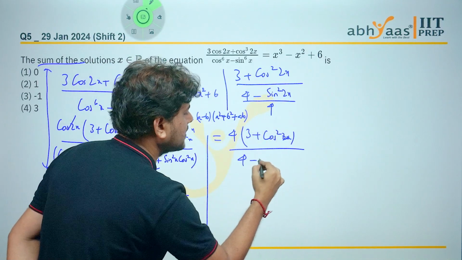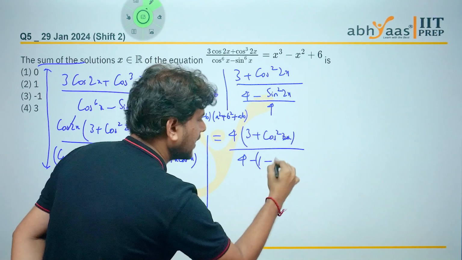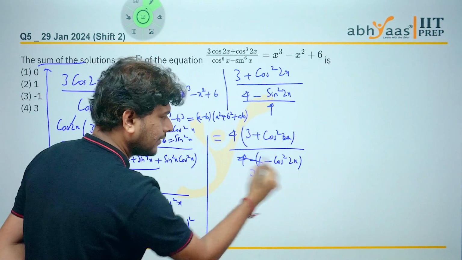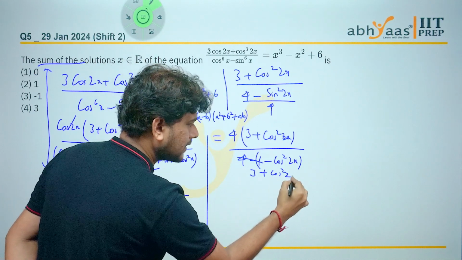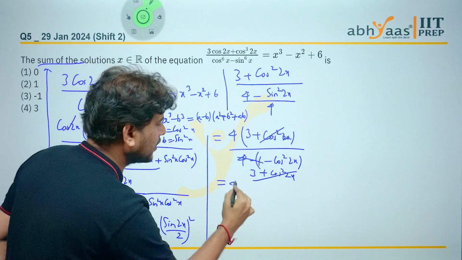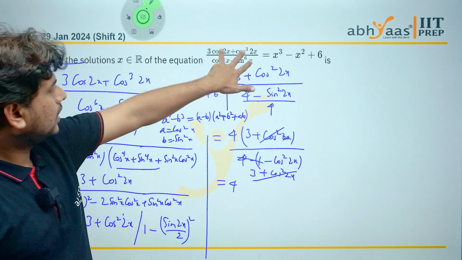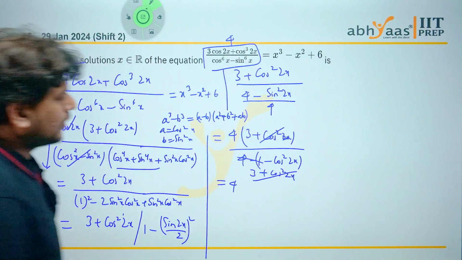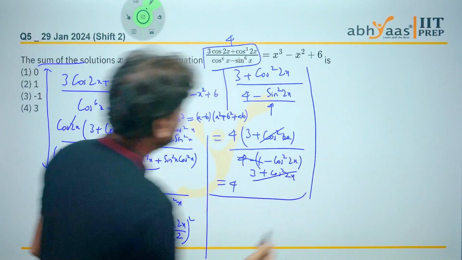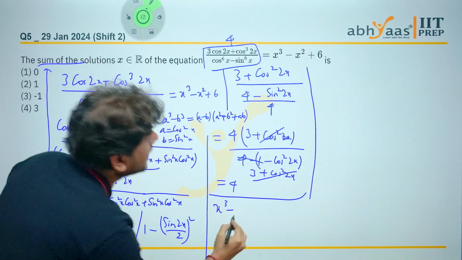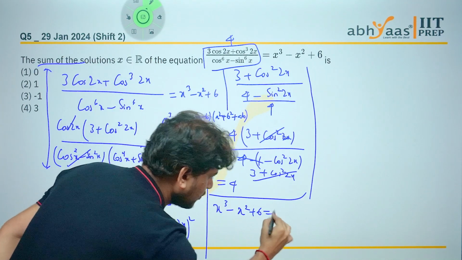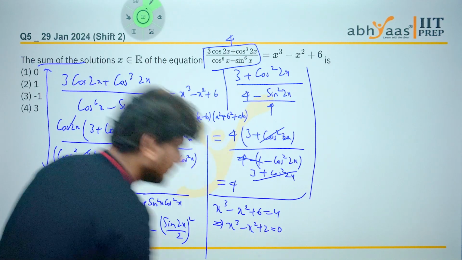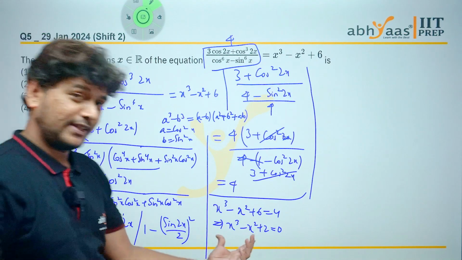So 4 minus 1 minus cos square 2x. This will be 3, and minus of minus will be plus cos square 2x. These things get cancelled and we get 4. So the whole part became 4. So now we are left with x cube minus x square plus 6 equals 4. That implies x cube minus x square plus 2 equal to 0. So we have to find roots for x.